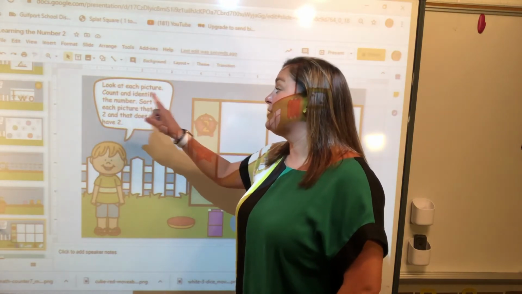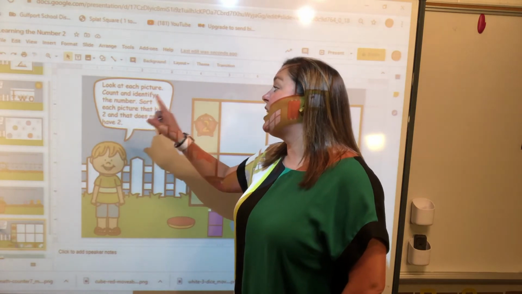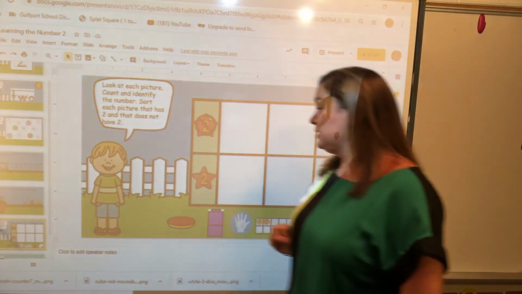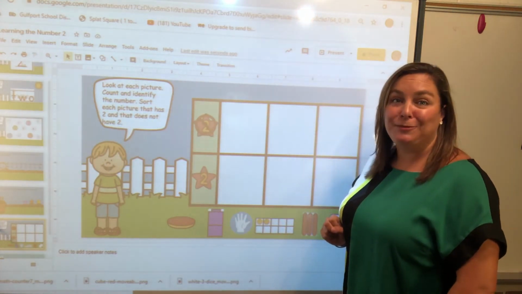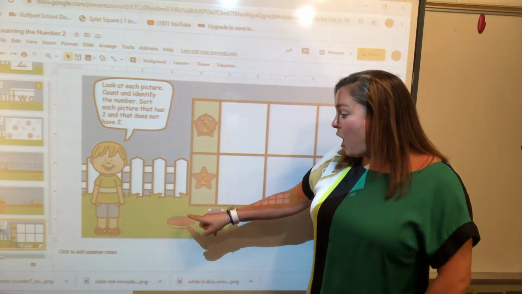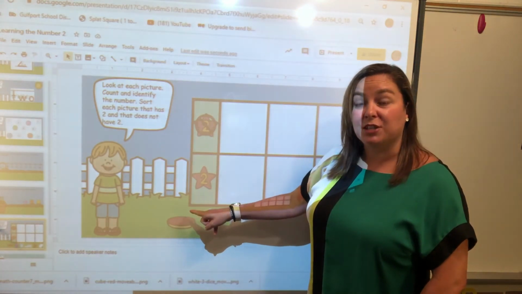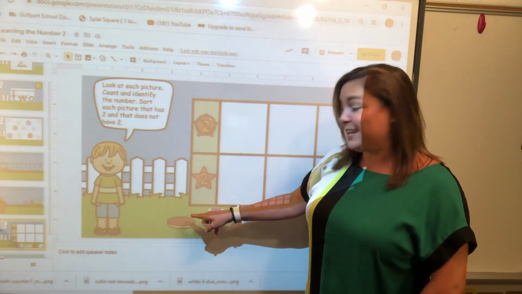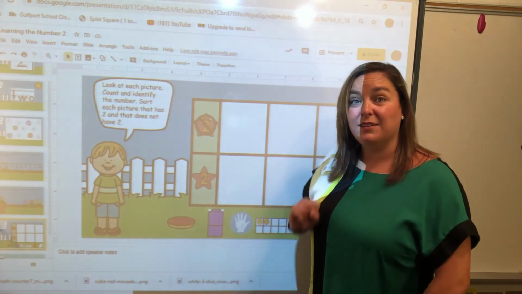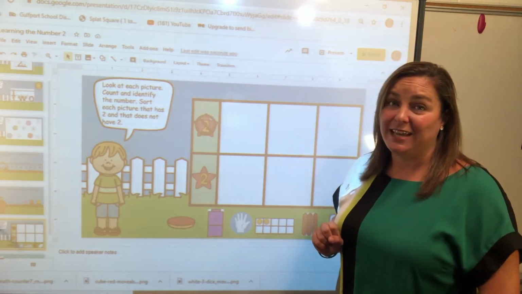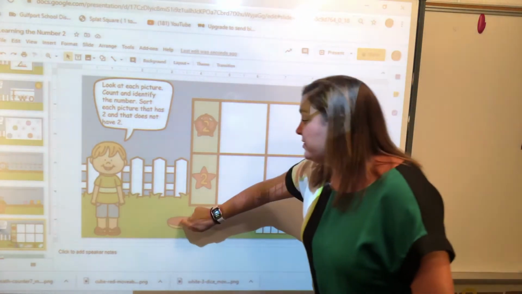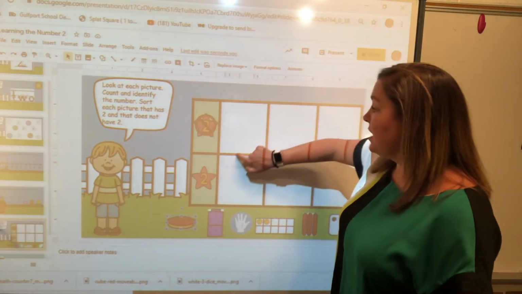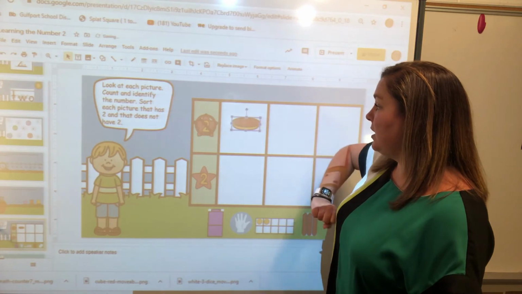Sort each picture that has 2 and that does not have 2. Let's look at our first picture. Our first picture is a counter. And how many do we see? 1. 1 is not the same as 2. This picture belongs in the not 2 side.